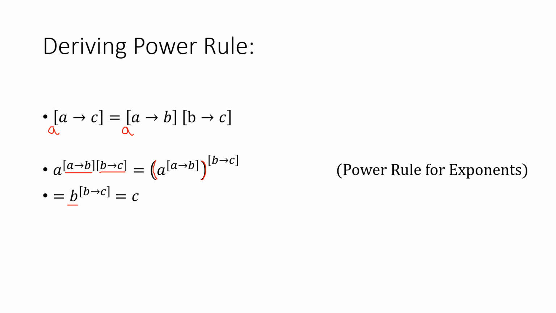And again, by definition of logarithm, b to the power of log_b c will give us c. So this exponent here moved us from a to c. And that is the definition of logarithm base a of c.